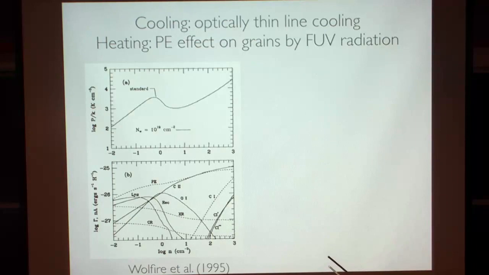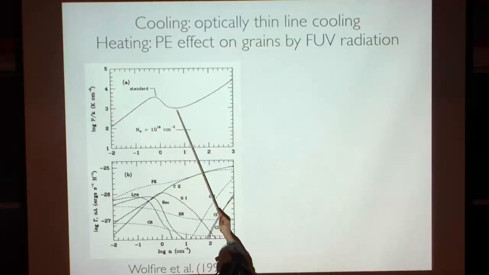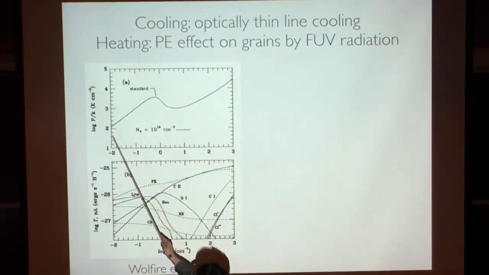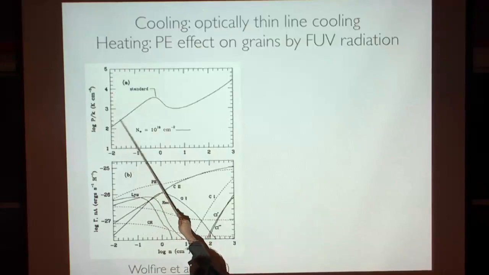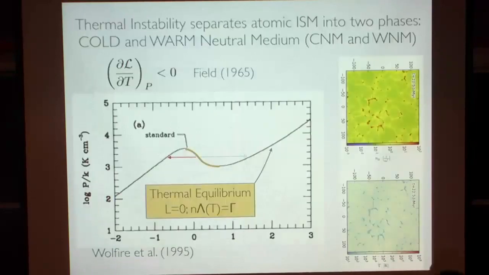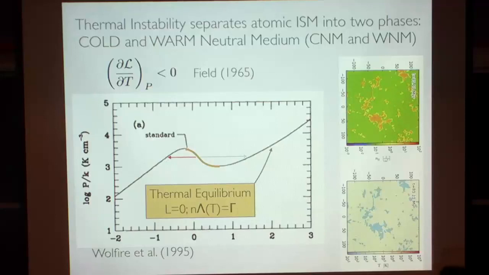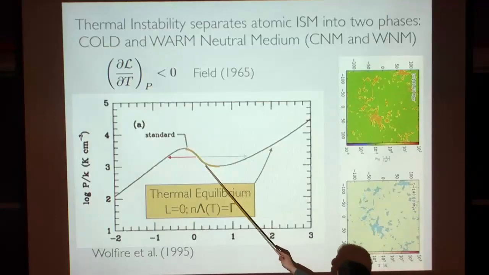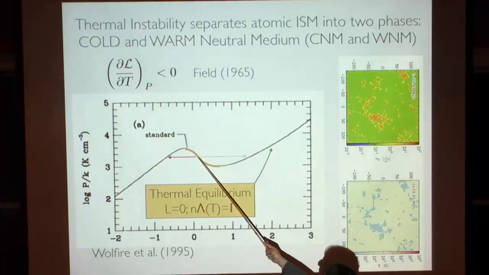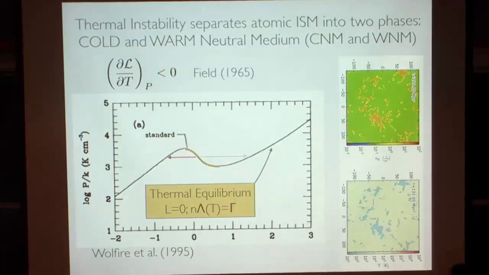If we consider the balance between this heating and cooling, we will get this thermal equilibrium curve. Here what you see is the density and the pressure, and this line shows the thermal equilibrium state of the interstellar medium. One interesting thing here is that in this equilibrium state, you will always suffer the so-called thermal instability.